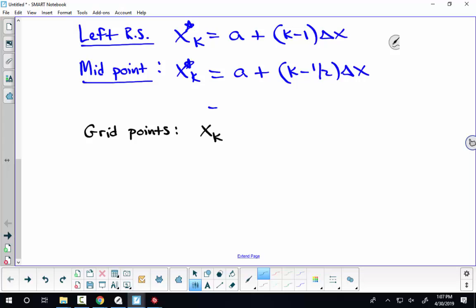But the grid points are defined as a plus k times delta x for k equals 0, 1, 2, all the way to n. Now our n is 4, so we're stopping at 4. Grid points start at 0.